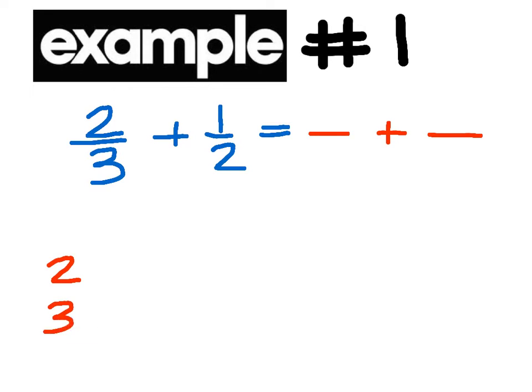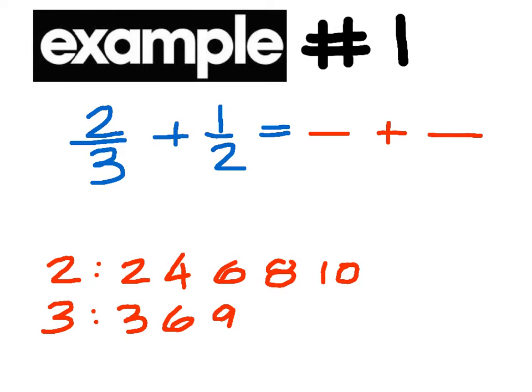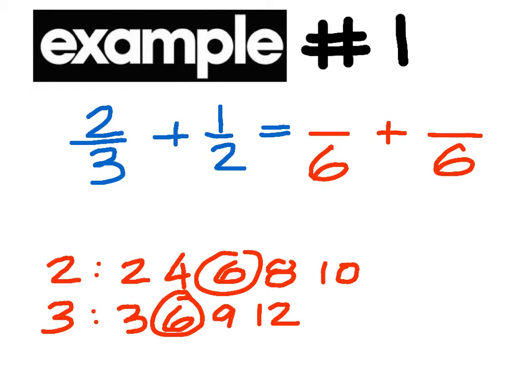So for 2, the multiples are 2, 4, 6, 8, 10, and so on. For 3, it's 3, 6, 9, 12, and so on. What's the lowest number that shows up in both lists? 6. So that's what you have to use. That's your least common denominator.